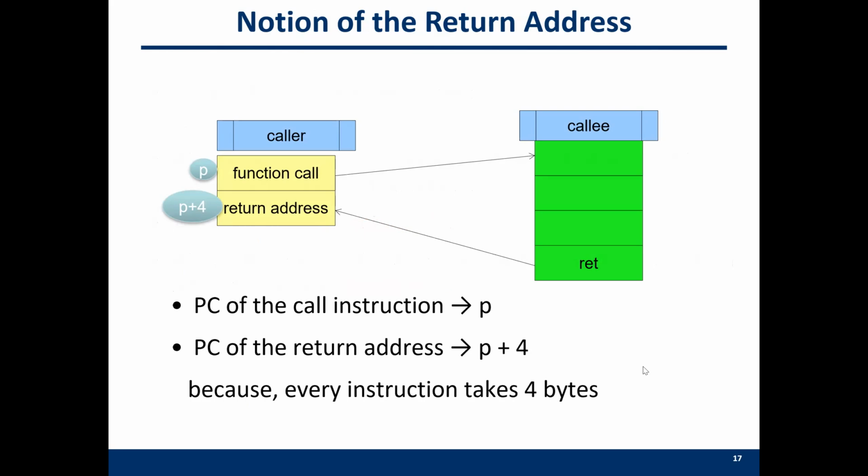So the caller is your main function, and you can call any other function you write. So this is the current address. And for that, we want to return, so the return address is current address plus 4. Why 4 bytes? Because nowadays each instruction is 32 bits.